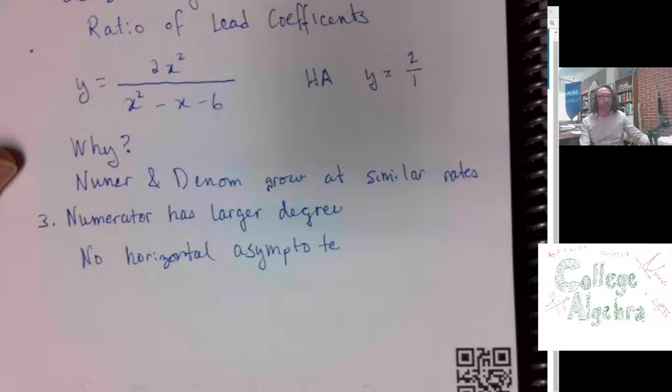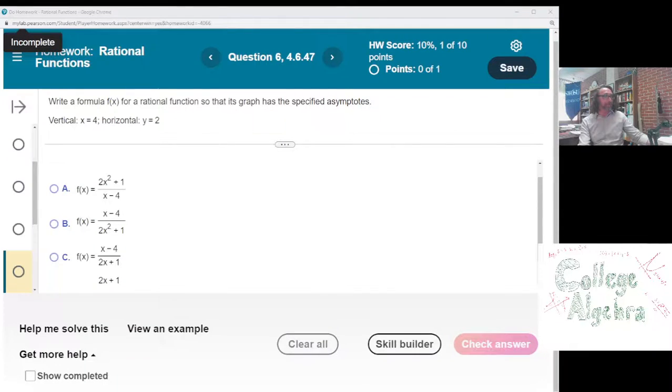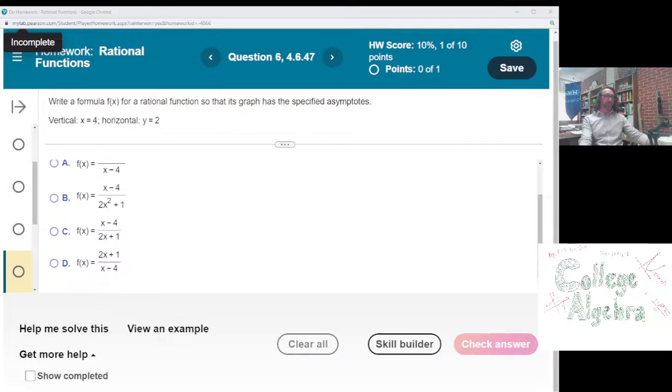So let's go back to our choices. Over here, numerator has larger degree, so this will not have a horizontal asymptote. Here, numerator and denominator have the same degree, so the ratio of the lead coefficients would be my horizontal asymptote. What are my leads? Lead coefficient up top is 2, lead coefficient down here is 1, ratio is 2 over 1, which is 2.